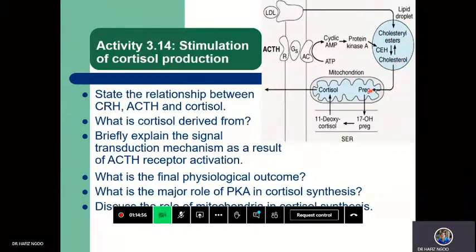So a lot of cholesterol is moved from the cytoplasm into the mitochondria to be converted into pregnenolone. Then 17 alpha hydroxylase converts pregnenolone into 17-hydroxypregnenolone.